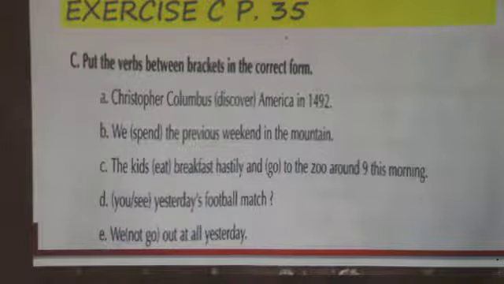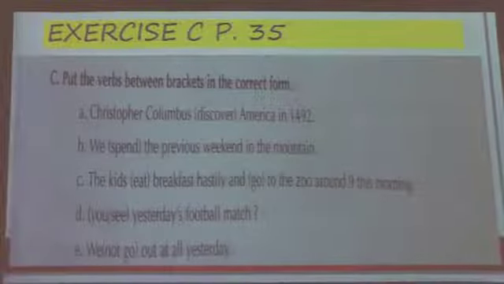Those verbs which have a rule and to which we add either D, ED, or IED at the end. Then we have irregular verbs, those which don't have a rule at all, and you can check them in the list that you have at the end of your books. Okay, we'll come back. So let's start the correction.